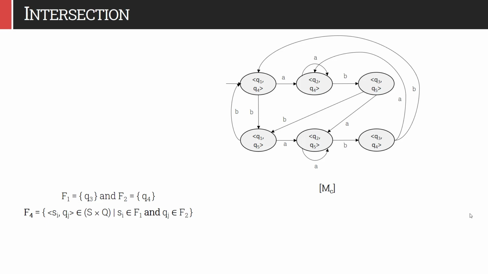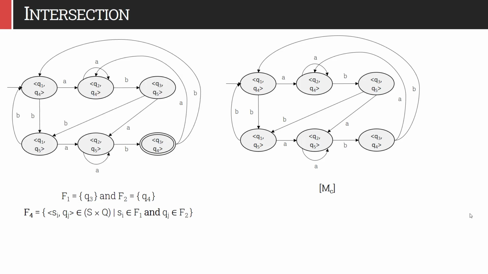So only that state will be marked as a final state, which is Q3, Q4. So this is the final DFA for intersection. This DFA will compute the language which is equivalent to L of M1 intersection L of M2.